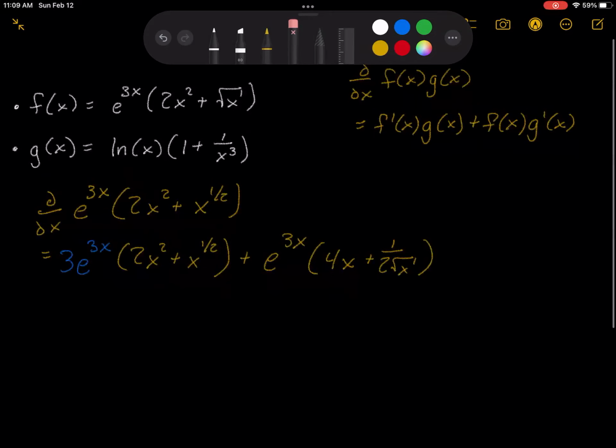Right, so in fact, let me try to color code this. Let me turn this to yellow. 3e to the 3x, this is my derivative.